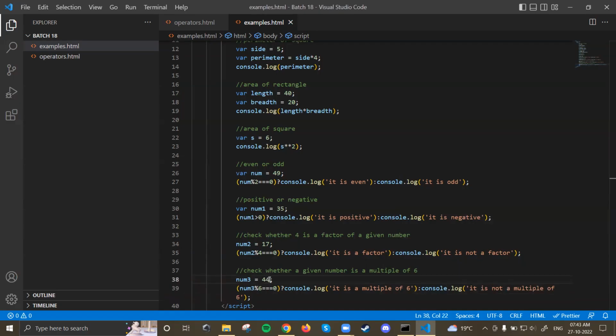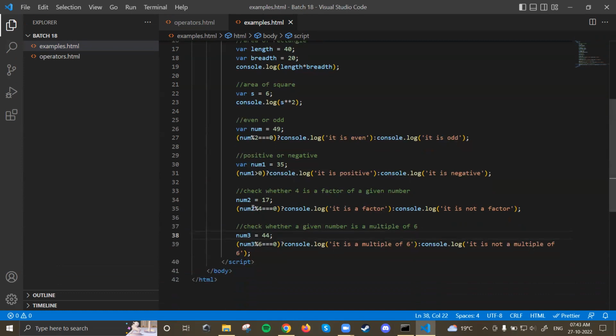So this way, the modulus operator can be used in different use cases, like whether it is a factor or not, a multiple or not, positive, even or odd. In all these cases the questions are different, but they actually mean the same. The use case is the same.